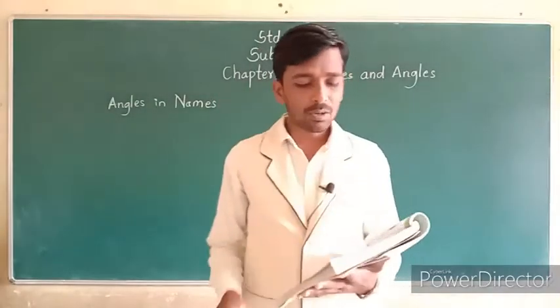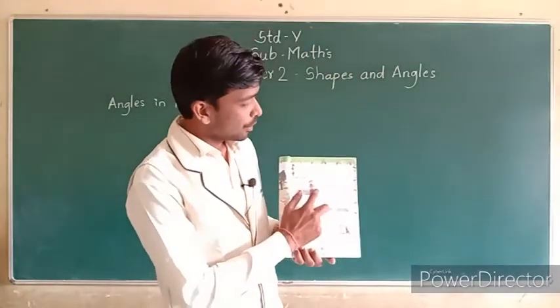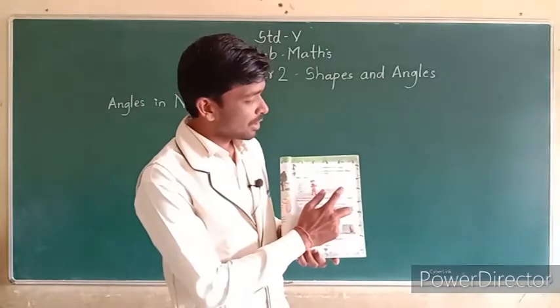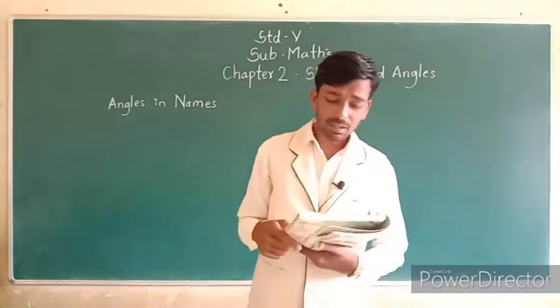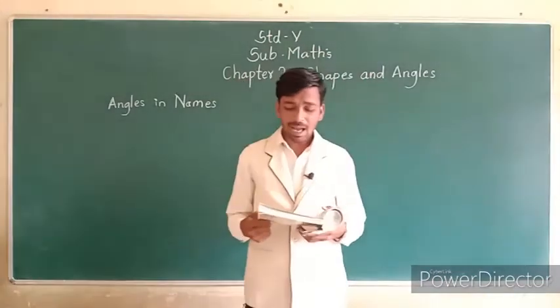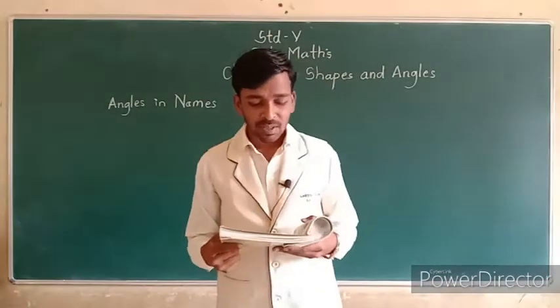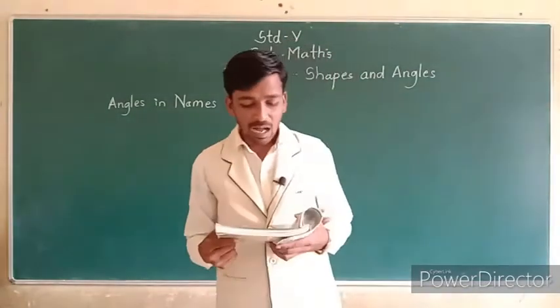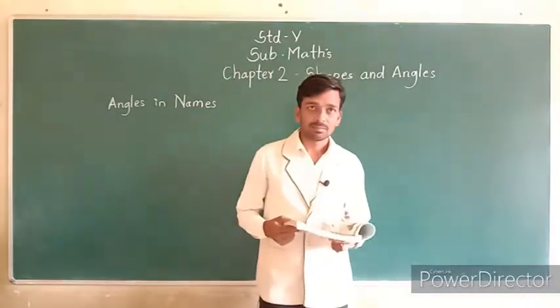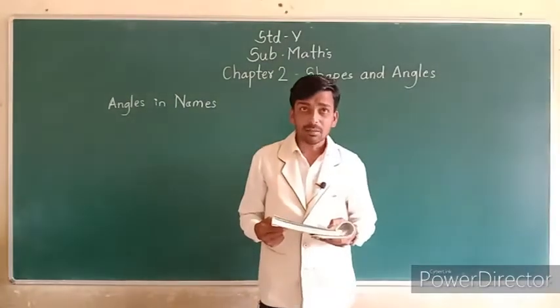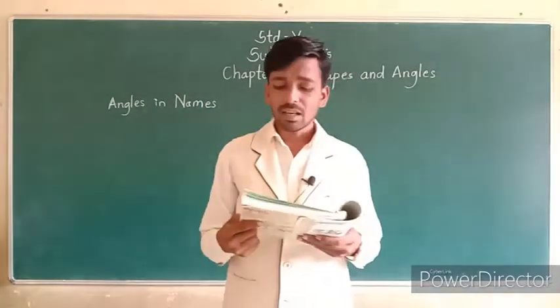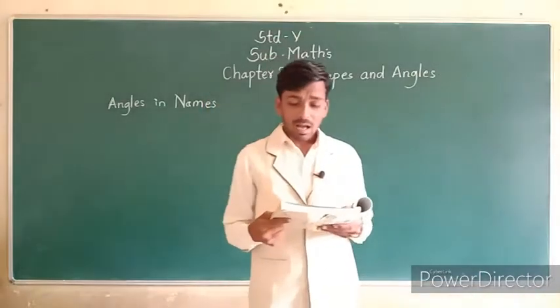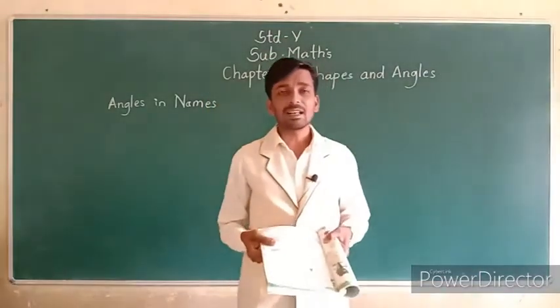Here they write one name, SUKHMAN. In that name, how many angles are there? They give us: in my name there are 11 right angles. There are also 10 angles less than right angle.